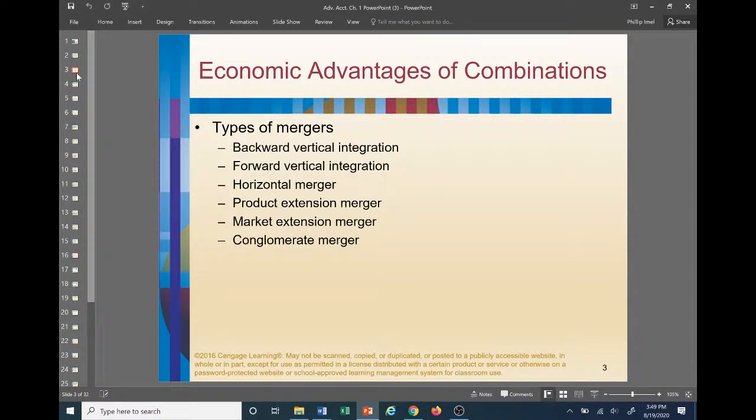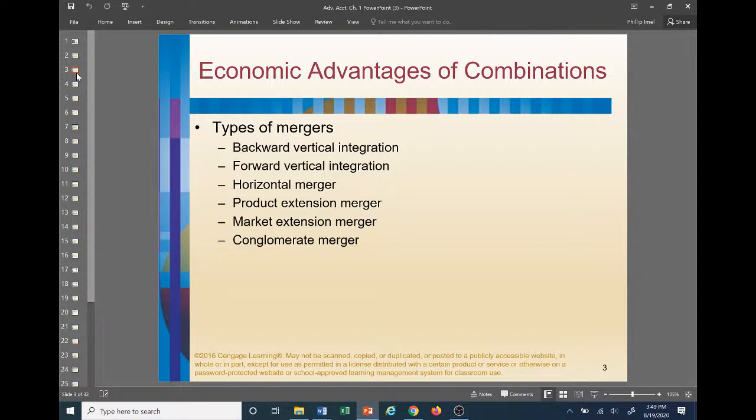So what are some economic advantages of combinations? Business combinations are typically viewed as a way to jumpstart economies of scale. Savings can result from the elimination of duplicate assets. If companies combine, they might not need as many physical locations, so they can get rid of some of their property, plant, and equipment and stuff of that sort. So they could have a big savings there.